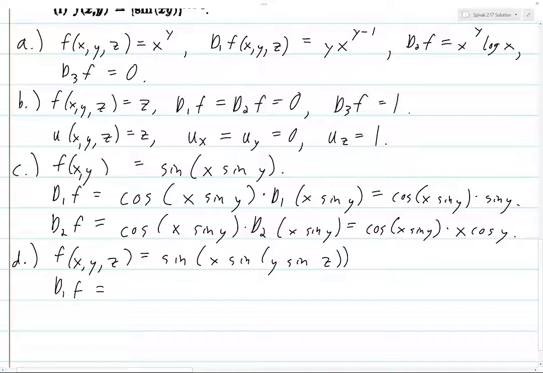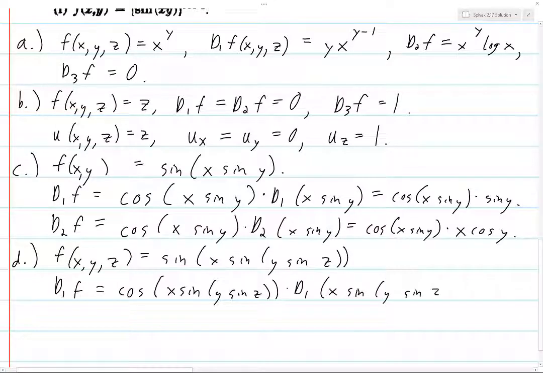We've got this sine on the outside, so that becomes cosine, and we leave all the stuff on the inside, x sine y sine z. And now we have to multiply by the derivative with respect to x of all the stuff that was on the inside, which is x times sine of y sine of z.